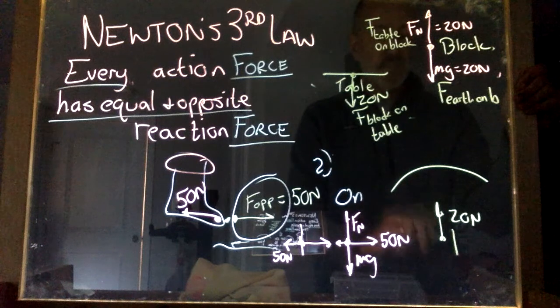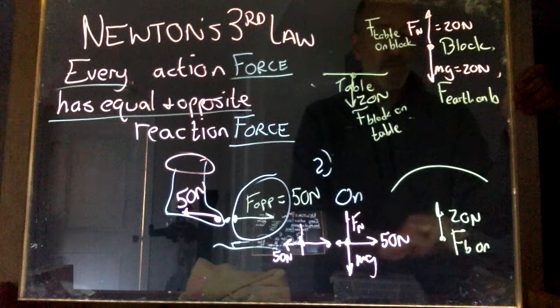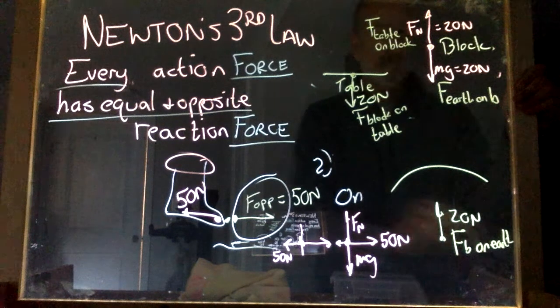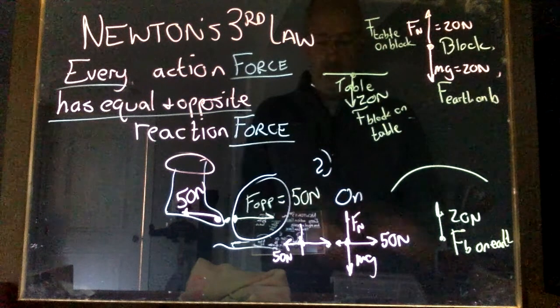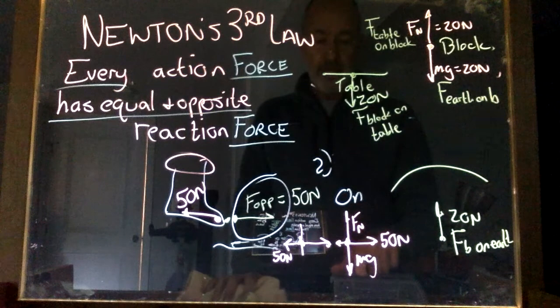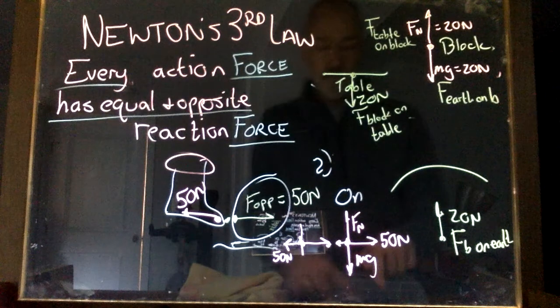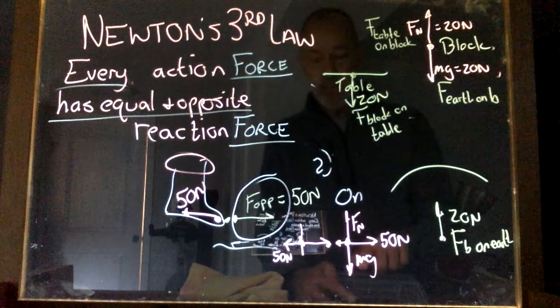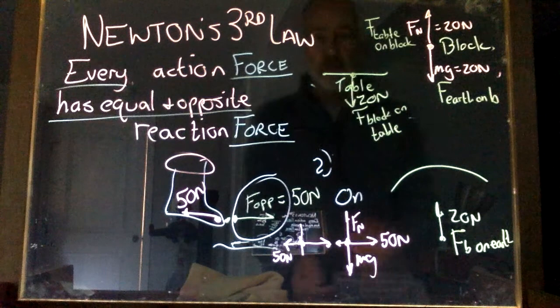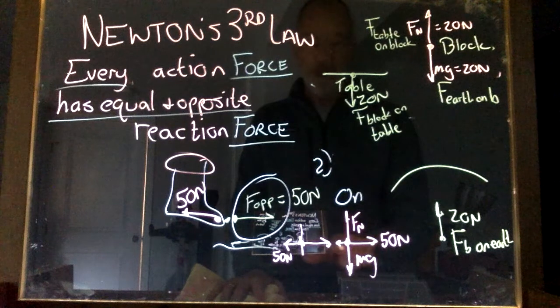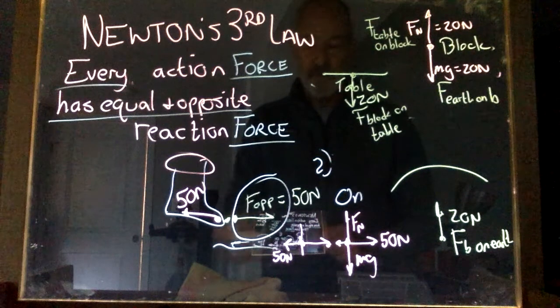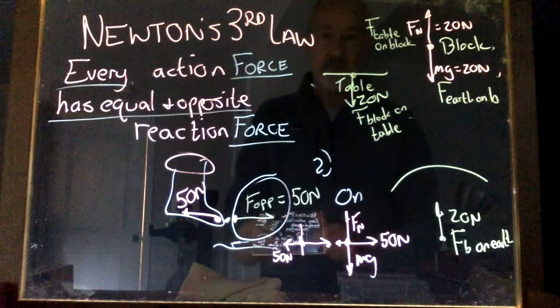And this is the force of the block on Earth. So there's always a pair. If we looked at the ball, again, here's mg. The Earth's free body diagram would have however much that weight is pulling up, the gravitational pull pulling up. We've done normal force. If there's friction pushing on the ball in this direction, that means the ball's friction pushes on the Earth in this direction.